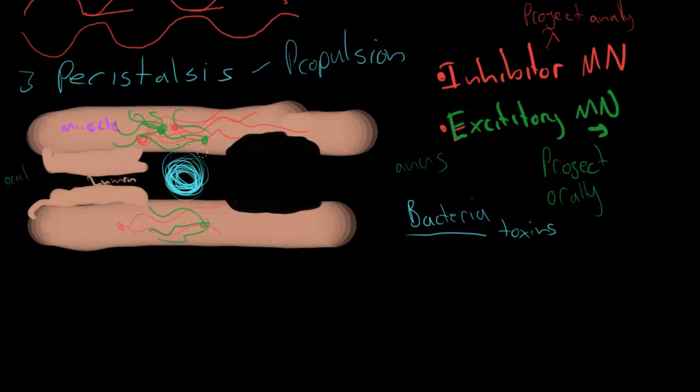And then that's going to have the effect of sending whatever stimulated these fibers, whether it was distension or bacteria, to travel anally. And this peristalsis will propel fluid or bacteria or chyme or more solid substances quite quickly towards the anus.